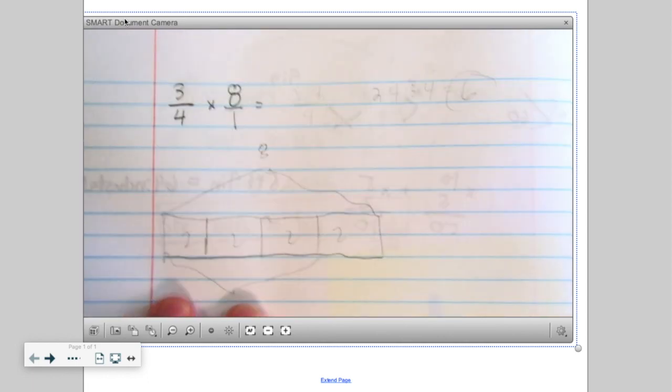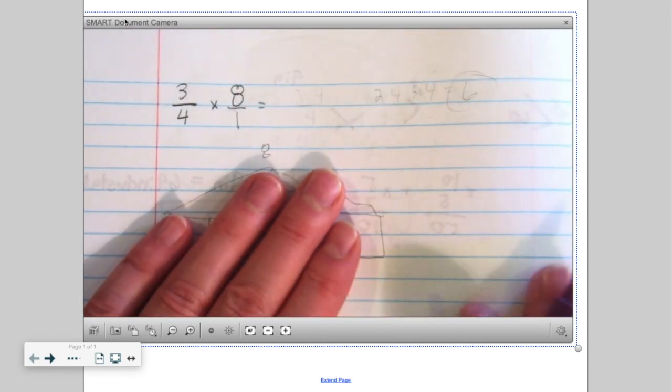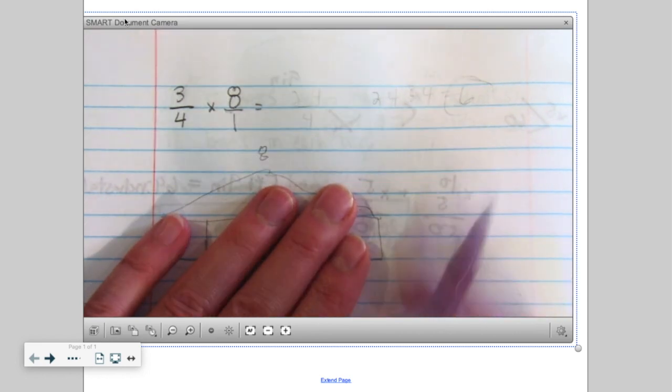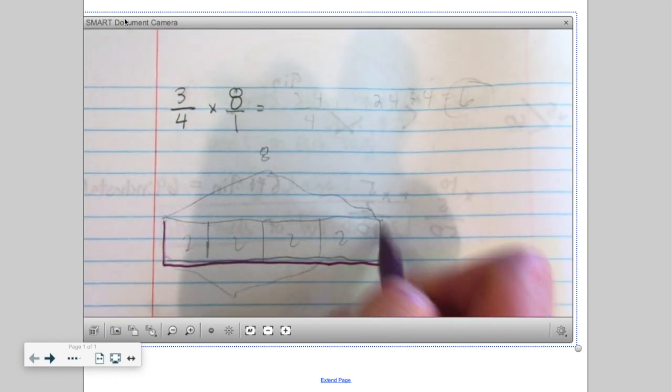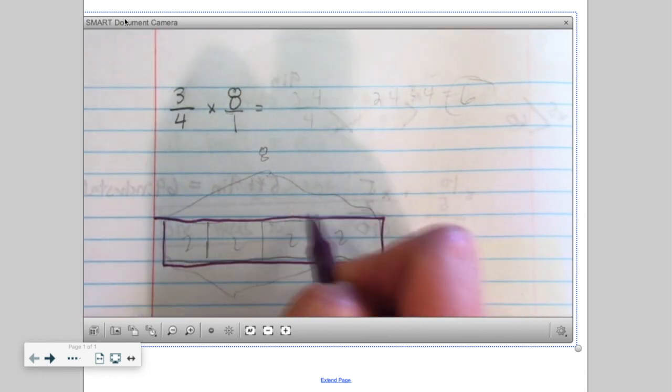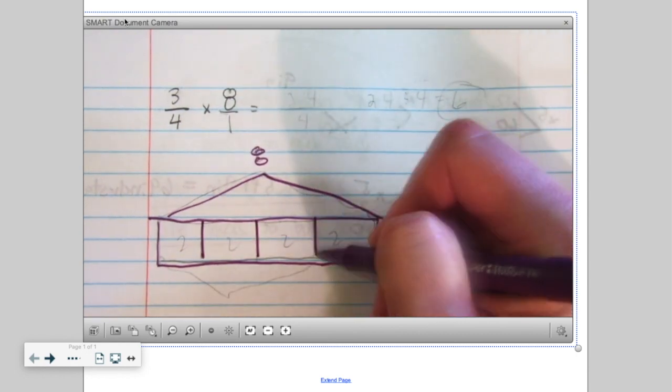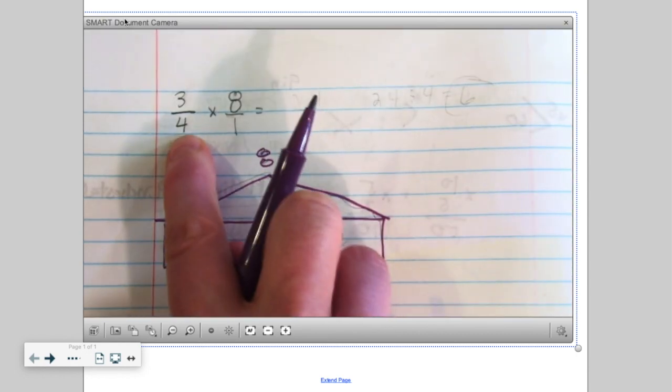Number 3 is 3/4 times 8, and I can pop 8 over 1. Sometimes when we're finding a fraction of a whole number, it helps to draw a tape diagram, and I sketched it out beforehand. So 8 is my whole, right? And I cut that into 4 different pieces because I'm finding 3/4.